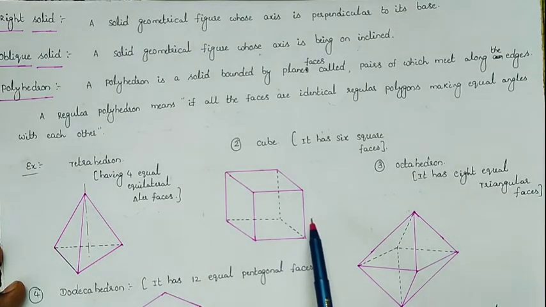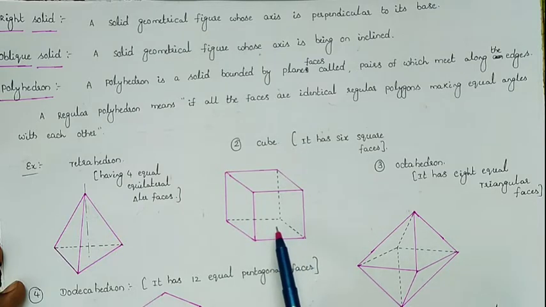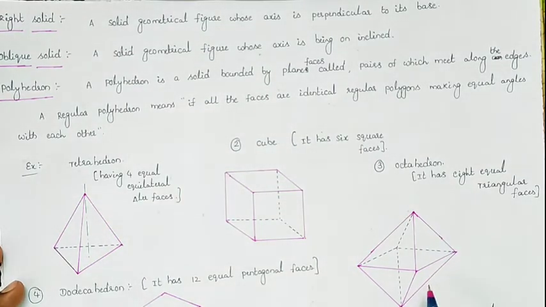Another example of a regular polyhedron is the cube. We know that a cube has six equal square faces. So the cube is one type of regular polyhedron. Another one is the octahedron. Octa means 8.